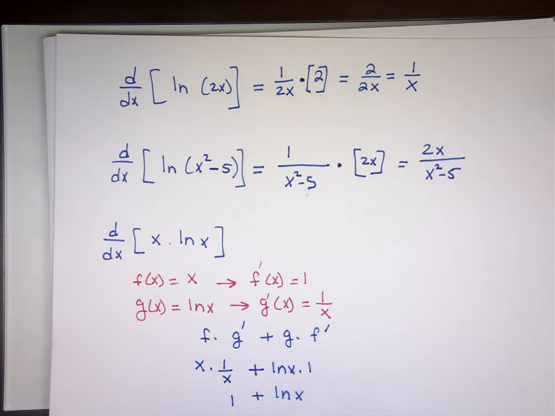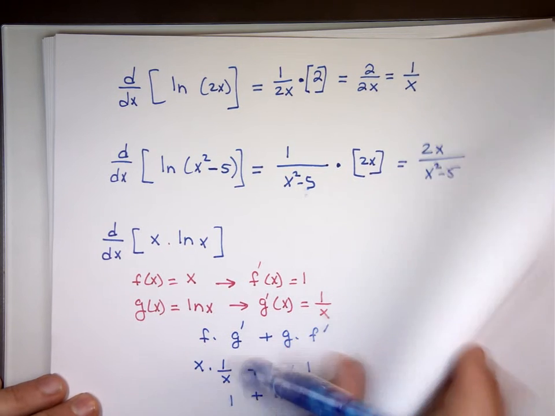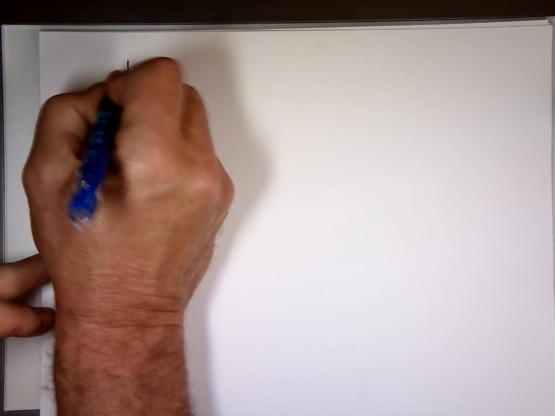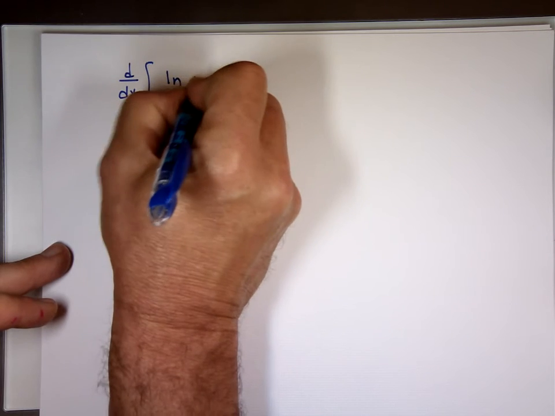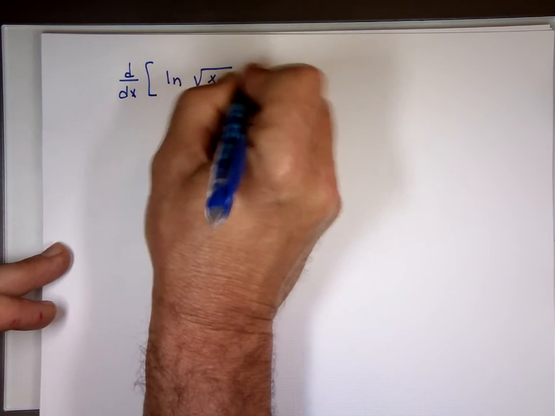Let's try another one. Another idea struck me. What's the derivative of the natural log of the square root of x minus 5? I don't know. Somehow x minus 5 stuck in my head today.